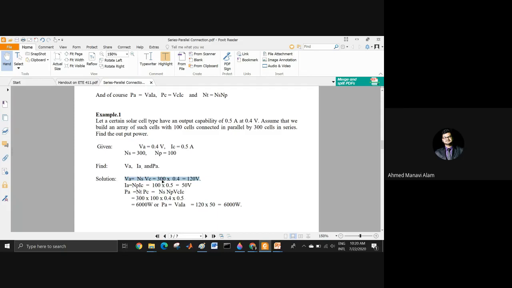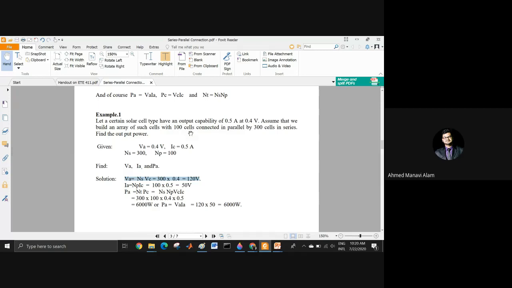There are 300 cells in series, one cell's voltage is 0.4 volt, and 300 into 0.4 is 120 volts. It is like, suppose the price of one apple is 10 taka, then what is the price of 10 apples? You do 10 into 10, 100 taka. This is just like that, the math of the unitary system. 300 cells in series, so 300 into 0.4, the answer is 120.